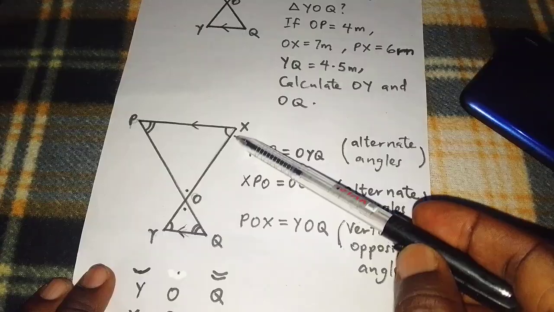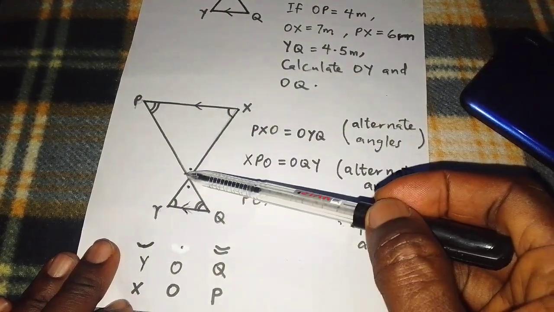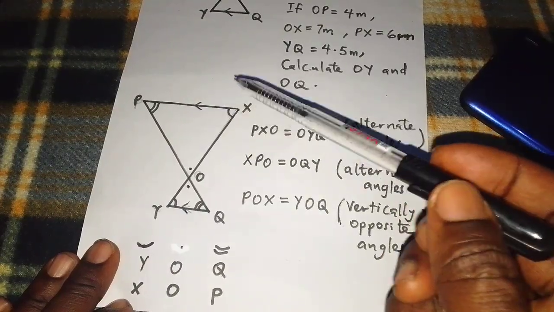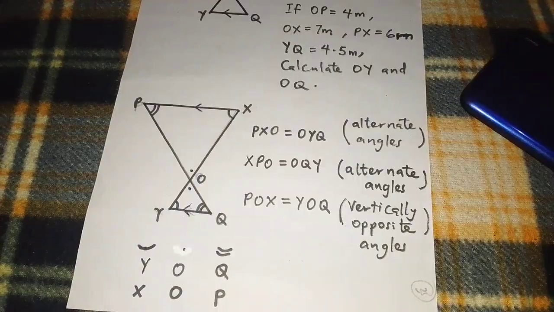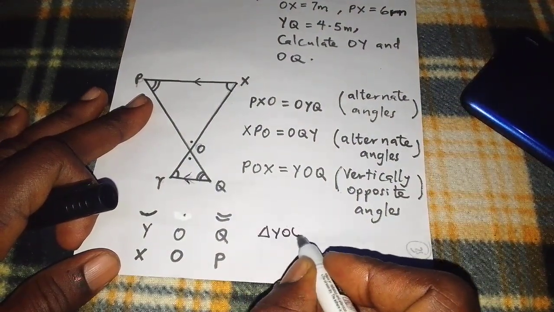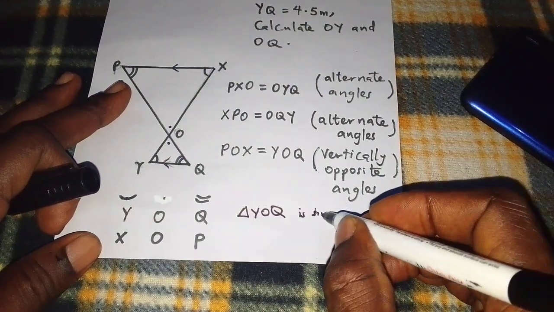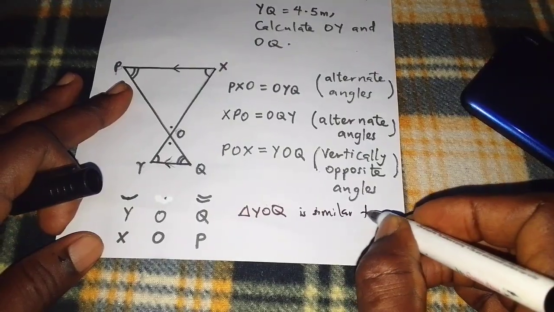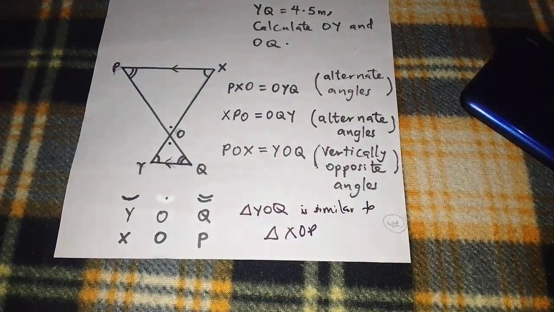For one curve we have X, for the dot we have O, then for the two curves we have P. So that means triangle YOQ is similar to triangle XOP. This is the arrangement in which the two triangles are similar.